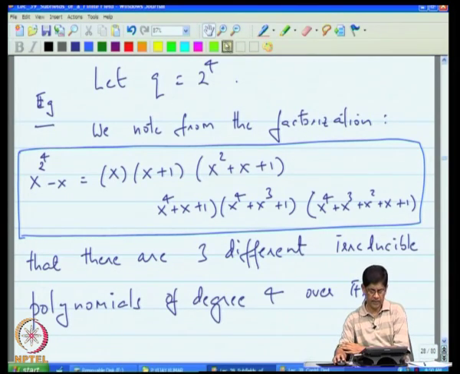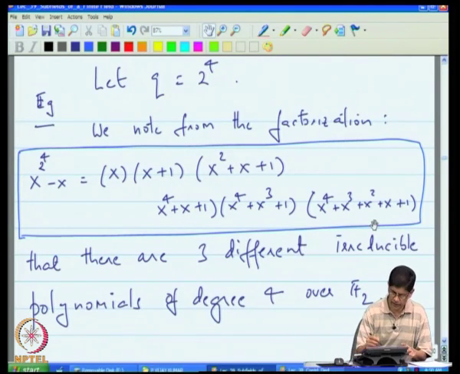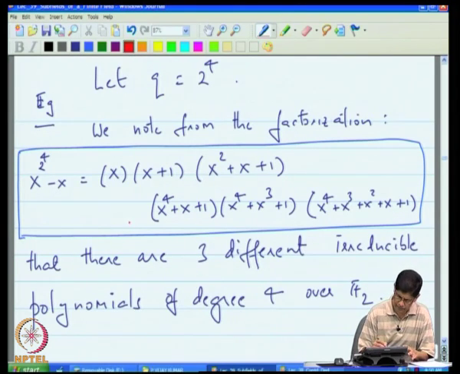Thus in particular there are 3 different irreducible polynomials of degree 4, and those are these 3.